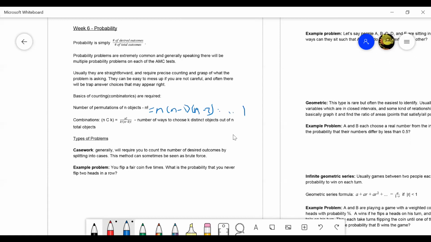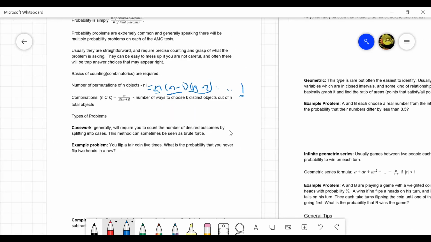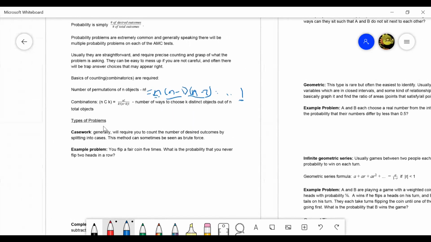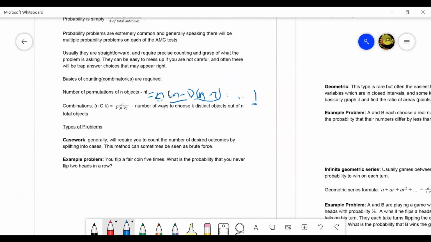I think I went over this a couple of weeks ago, but that's the definition of factorial, and the way you can think about it is that there are n ways to choose for the first spot, n minus 1 objects left for the second spot, n minus 2 left for the third spot, and so on until there's only 1 object left for the last spot. So that's really just permutations. This is super logical, so you don't really have to remember it, even though it's kind of simple.